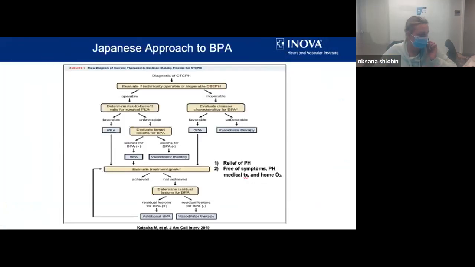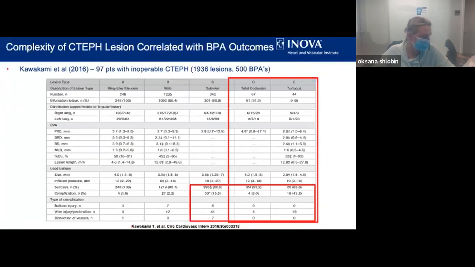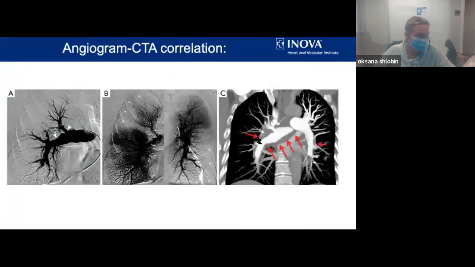But probably to add to that, operability applies to both surgical and medical. There are medical and surgical parts to it. Maybe you can get to the distal part of the clot, but the patient medically is not a good candidate for surgery.